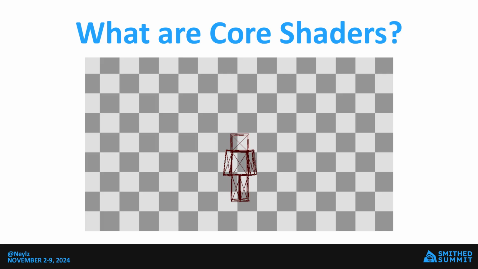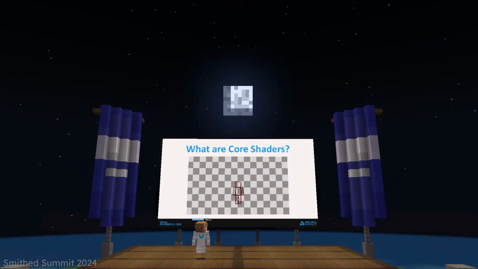And so I can see the mesh of my skin appearing here. This is very important because for each vertex of the mesh, the core shader, the vertex shader of the render type entity translucent, will be run.